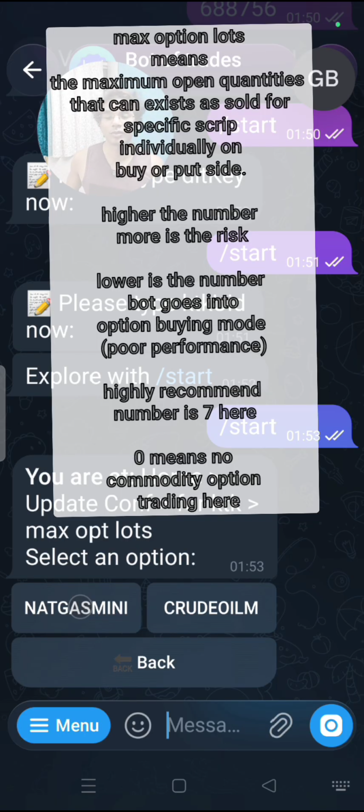Because based on my past research, 7 has been the best number. If you set it to a very high number, let's say 10, 12, 13, 30, whatever, then your risk exposure goes very high. So right now I would recommend setting it to 7 only.